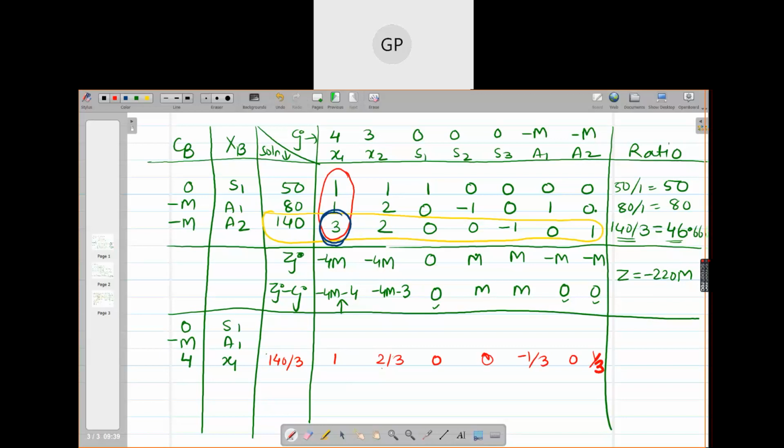Okay. Now this new row we will use. So we will cancel this old row 3. This new row we will use to convert these two elements to 0. So what should be the operation?